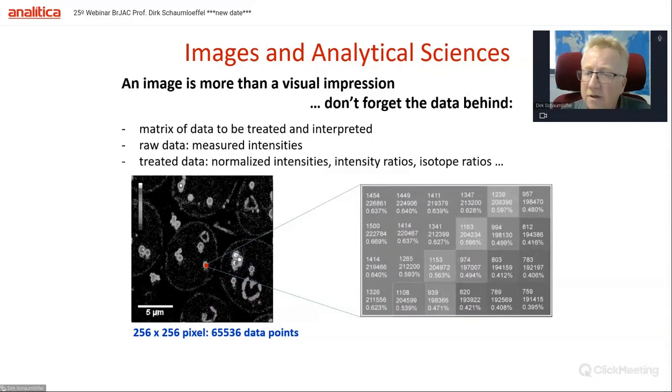And if you look here in only a very small area in this image, you have the raw data, the measured intensities, but you can also make normalization or ratios inside. So there are a lot of data to be treated in such an image.